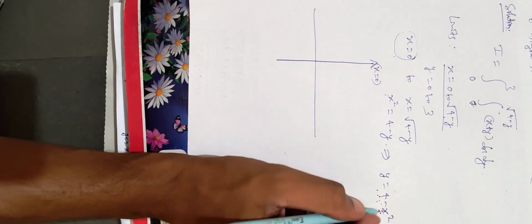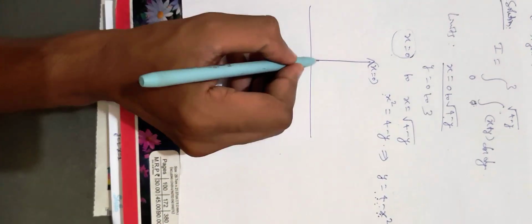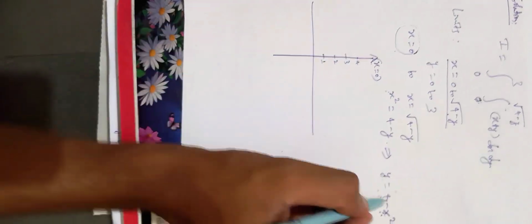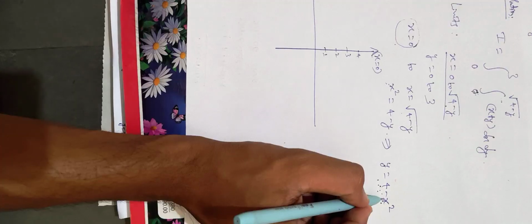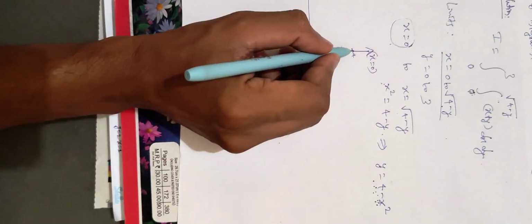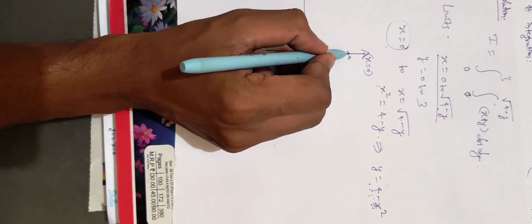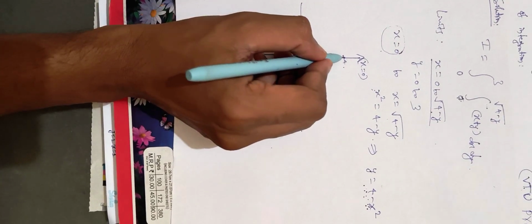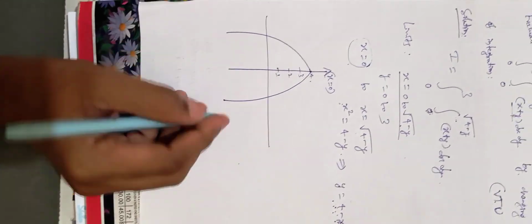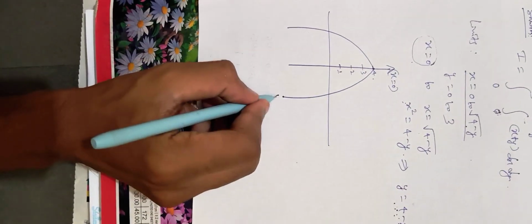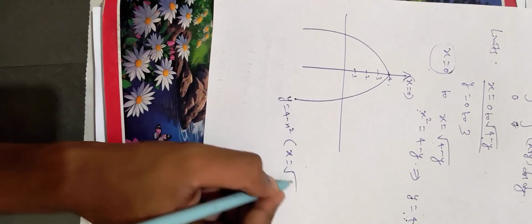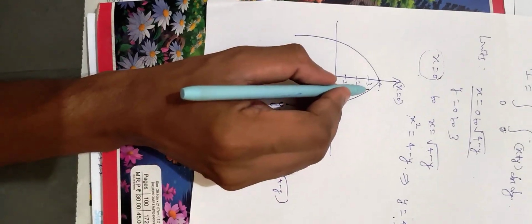If you consider this as 1, 2, 3, 4, this is the opening down parabola, and the vertex of this parabola is at (0, 4). The graph of that parabola is somewhat like this. So this y is equals to 4 minus x square, or x is equals to under root 4 minus y, is the graph of this one.